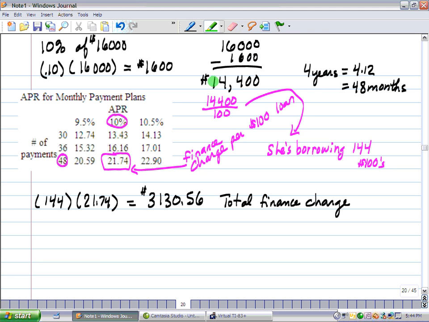Now she has to pay back the lender the $14,400 that she's borrowing from them, plus she's going to have to pay them this interest.